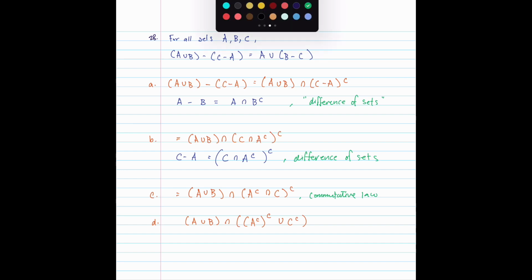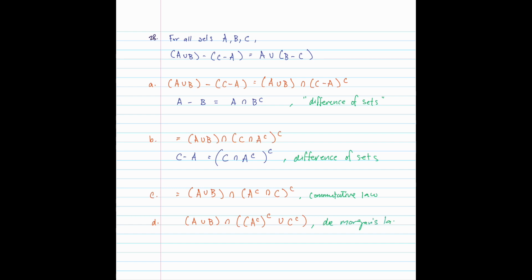And this is just De Morgan's laws, because they're basically distributing this to everything, even the intersection. That's the result you would get after that distribution.